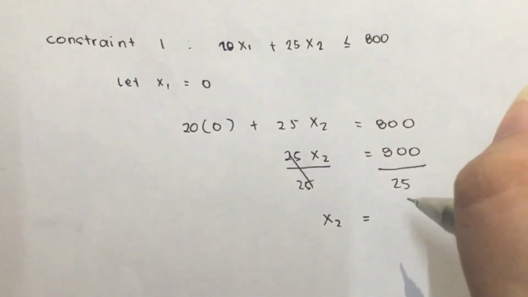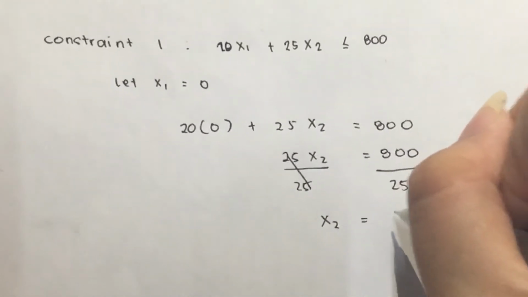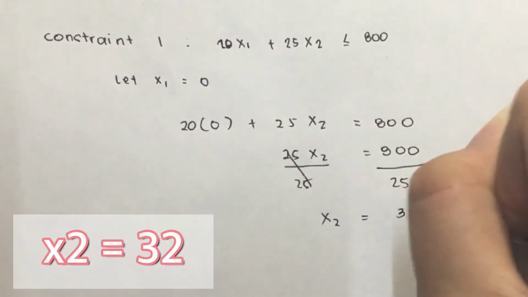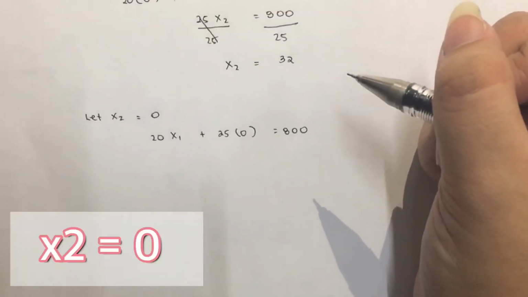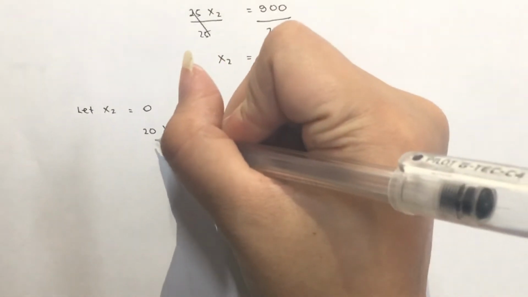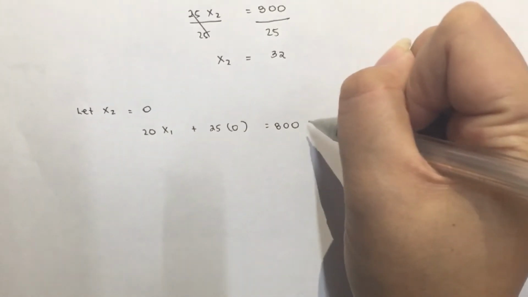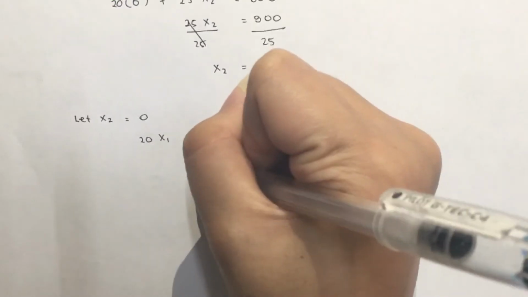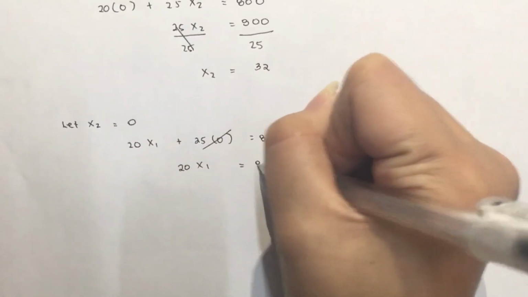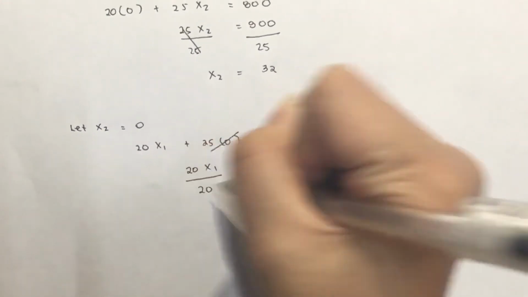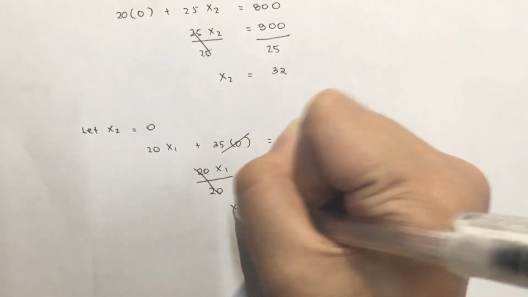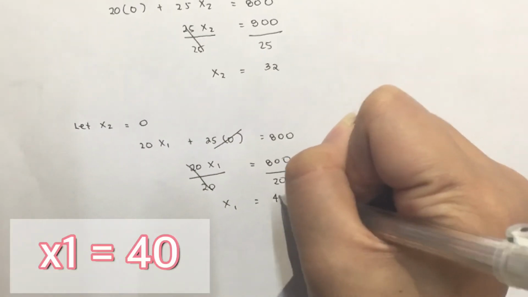We obtain x2 equal to 32. Let x2 equal 0, so we have 20x1 plus 25(0) equal to 800, so we get x1 equals 800 divided by 20, x1 is equal to 40.